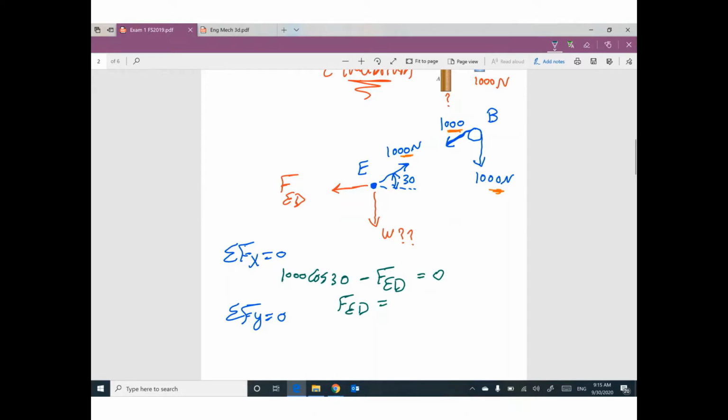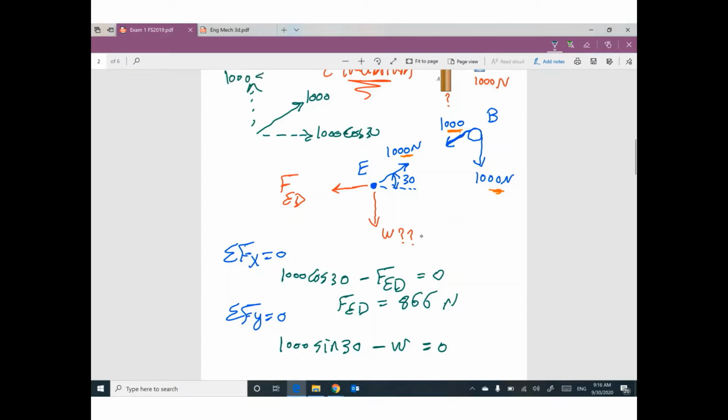It will be 866 Newton. If you apply summation Fy equals 0, any forces in Y direction, we will have 1000 sine 30 up minus W down equals 0. If you would like more detail, the 1000 force in X direction will be 1000 cosine 30, and in Y direction will be 1000 sine 30.